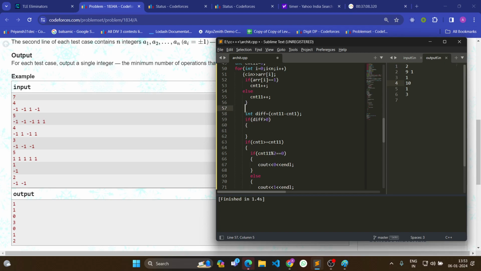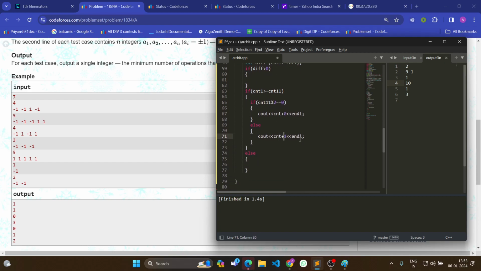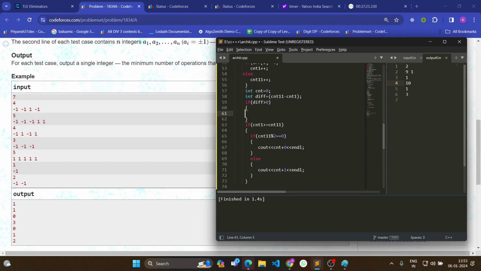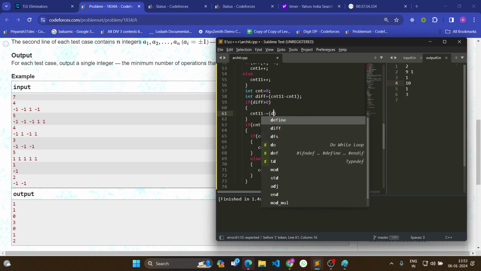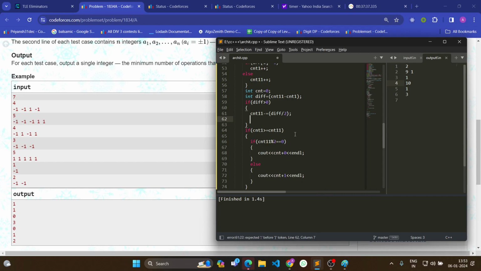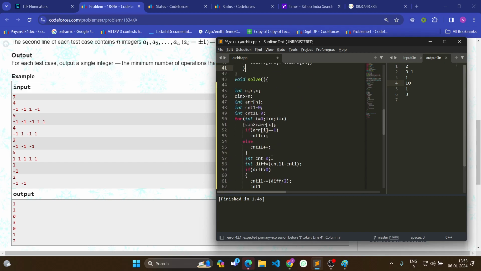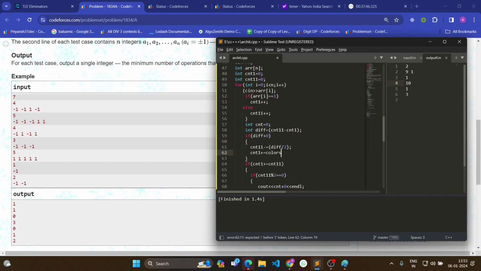Actually, let's have a count variable, which is the number of steps that I need, and instead of printing this, let's print count plus. From count of -1, I'll be subtracting diff by 2, and from count of 1, I'll be adding diff by 2.